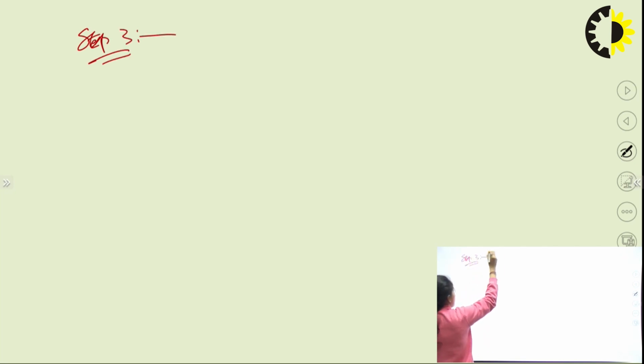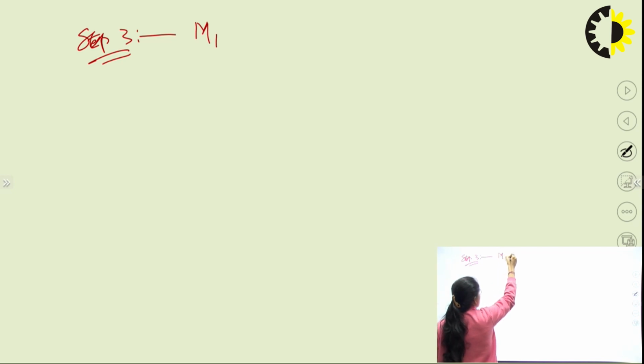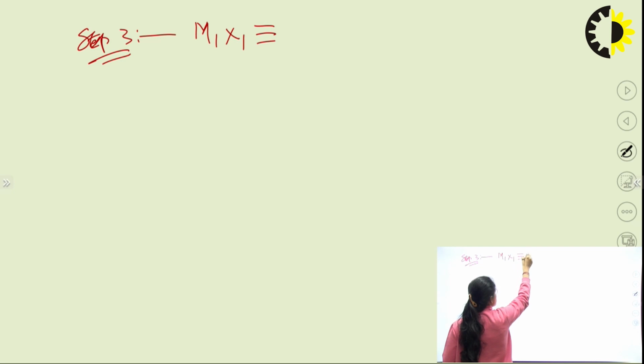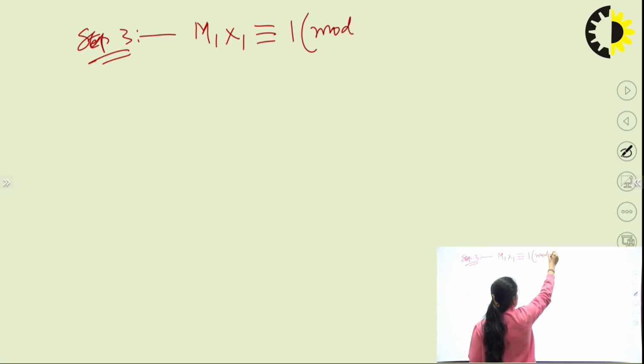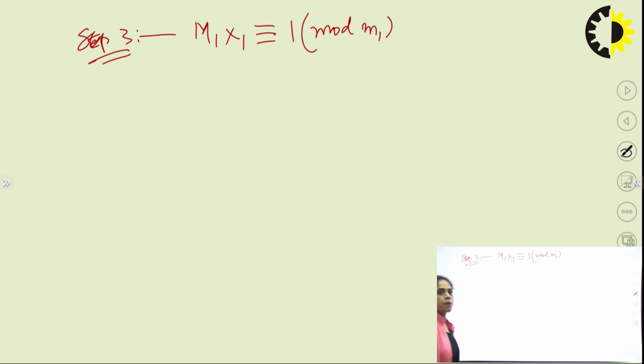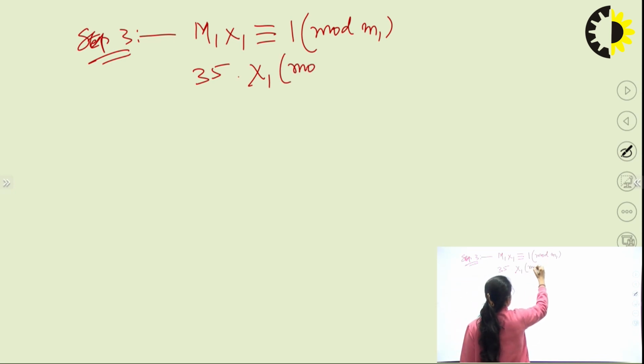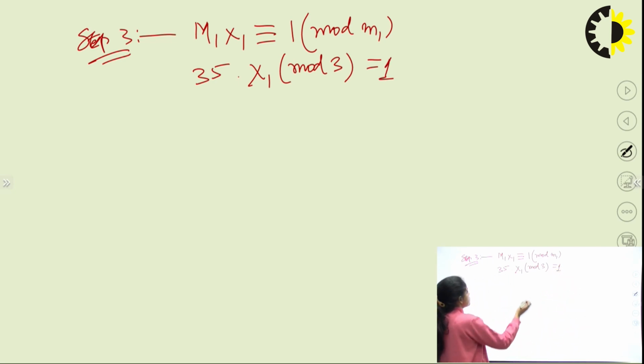Now let's come to step 3, in which we are going to find the value of X1, in which M1 X1 will be congruent to 1 mod small m1. So here the value of M1 is 35. We will find X1 in such a way that after performing mod 3 it gives 1.